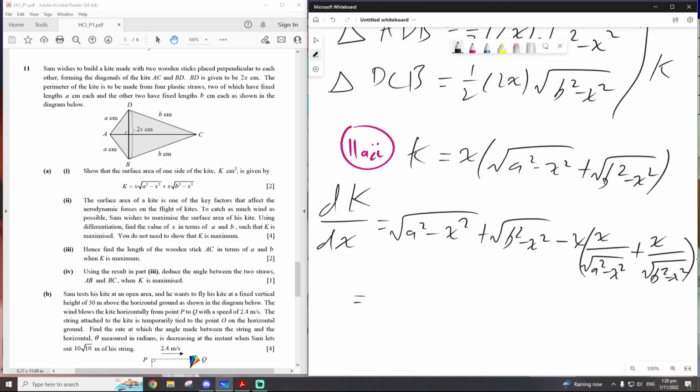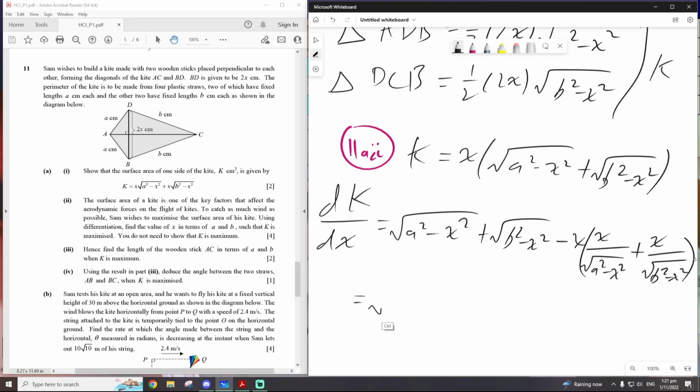How do I simplify this? It seems very complicated. We're going to have to combine the denominators. So if I combine the denominators on this side, I'll multiply top and bottom by root a squared minus x squared. Alright, no, sorry. This term multiplied by root b squared minus x squared. This term multiplied by root a squared minus x squared. And I'll show you where that takes us.